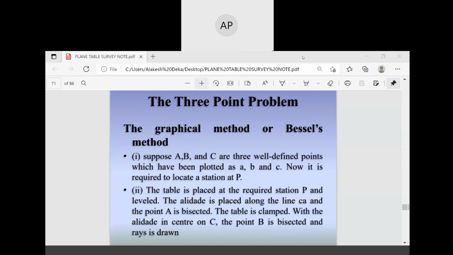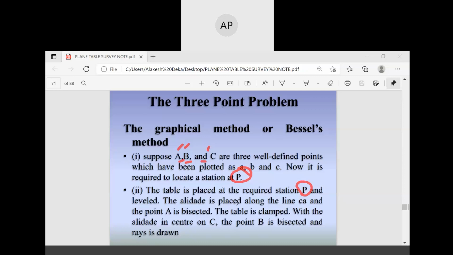Suppose A, B, C are 3 well-defined points which have been plotted as A, B, C. Now it is required to locate a new station P. So ABC is already known, already drawn on the plane table. We have to find a new station P. The table is placed at the required station P and leveled.